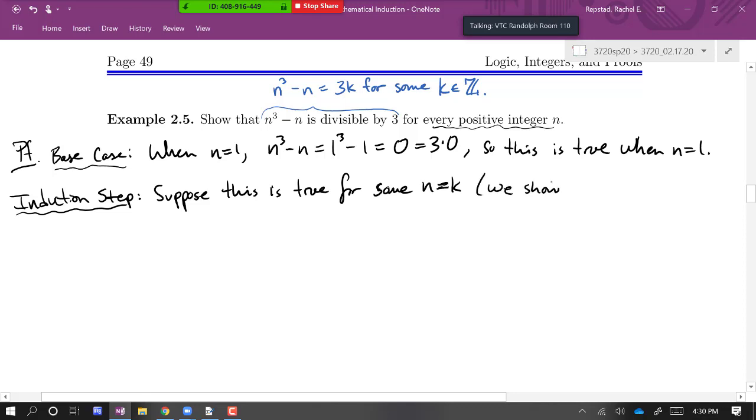I suppose it's true for n equals k, then what is it up to me to show? But it's also true for n equals k plus 1. Right. All right. If we're supposing it's true for n equals k, that gets us something.